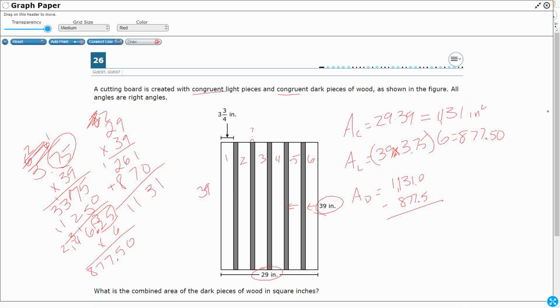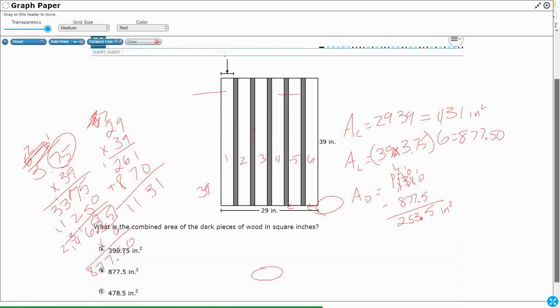Let's subtract these two and figure it out. That's going to be 5. Let's see, that's 2, that's 10, that's 3. Geez, I'm going to have to regroup all of these, looks like. That's 5. That's going to be 2. So 253.5 inches squared.